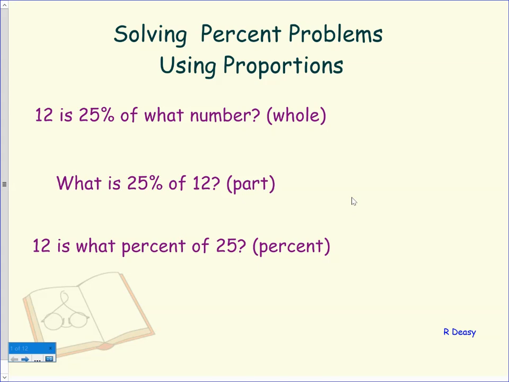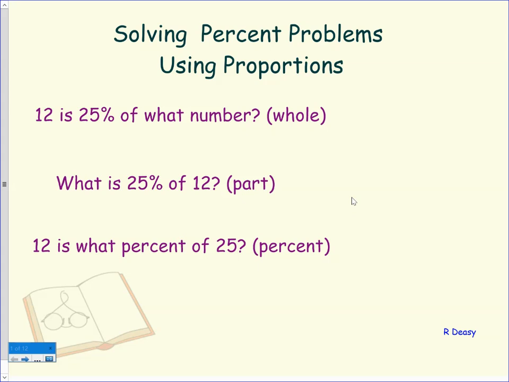Another way you could look at it, instead of A over W equals P over 100, you could do part over whole equals part over whole. So this right here pertains to your percent. 100 represents the whole, and then the percent part goes on top.